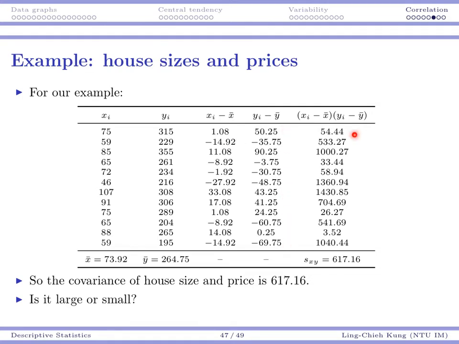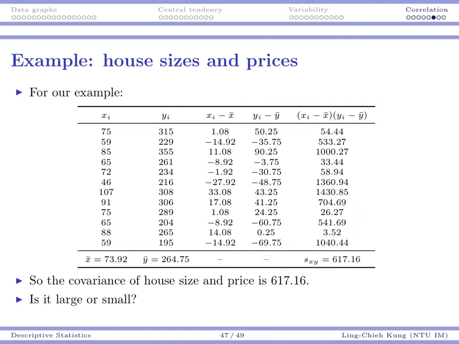And then for the products, in this particular example, all these products are positive. In general, you may have a data set where most of the products are positive but some are negative. It doesn't matter, because what we really care about is the sum of all of them. I should say the average of all of them.